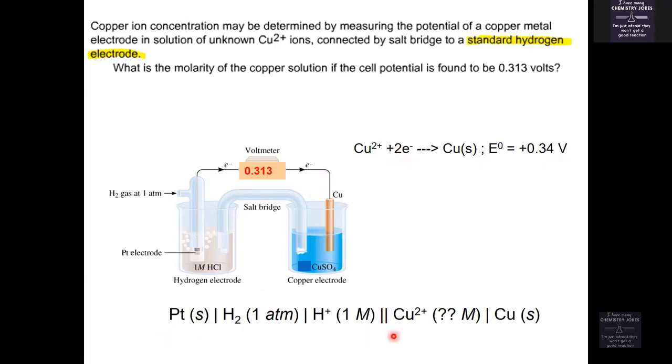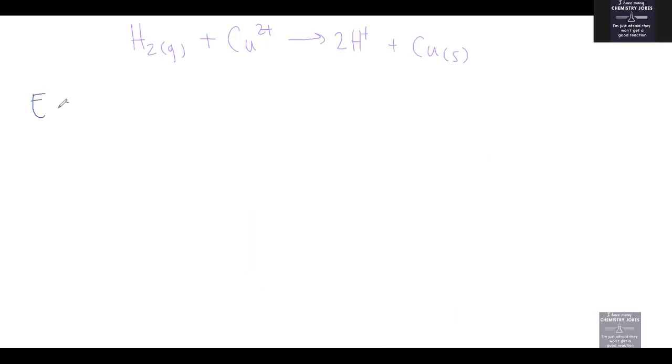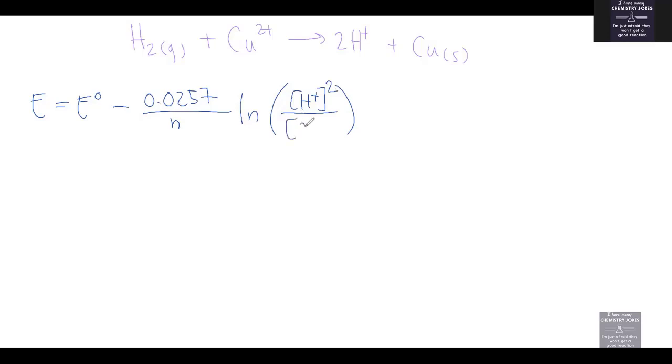So we have this cell notation down here where copper is the reduction half, hydrogen is the oxidation half, and we can set up our Nernst. So the Nernst is E equals E naught minus 0.0257 over N ln of this time H plus squared, it's been a while since we've had to do something like that, H plus squared, because that's the coefficient, divided by the concentration of Cu2 plus.